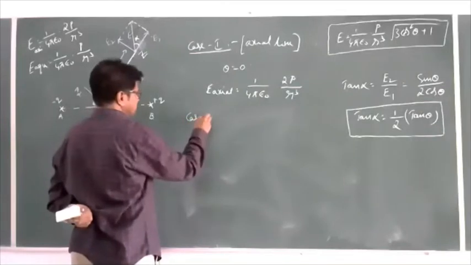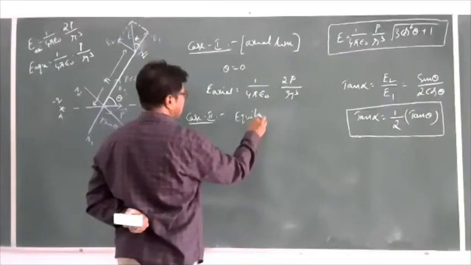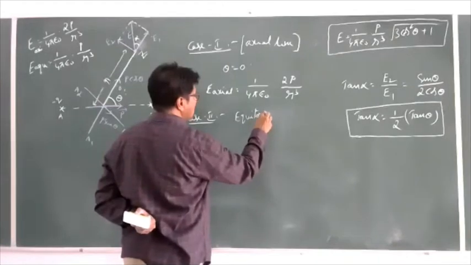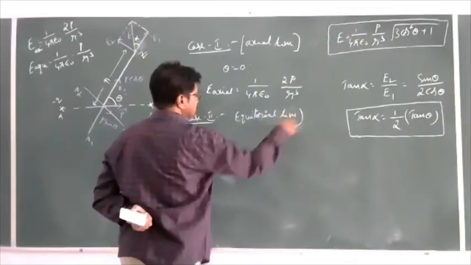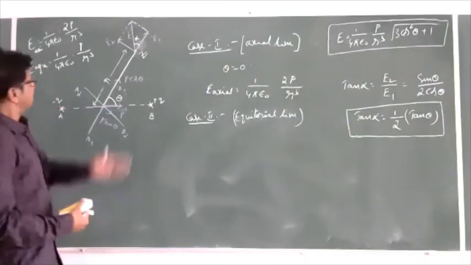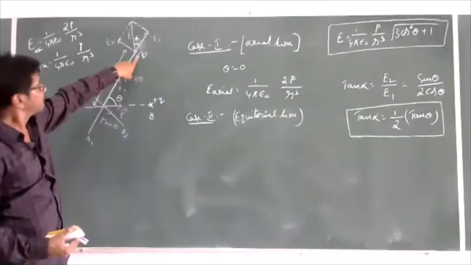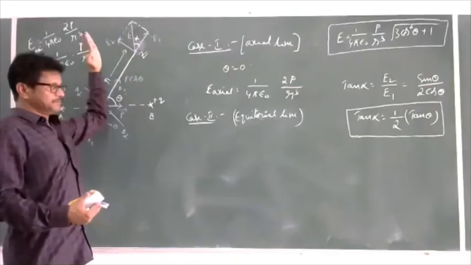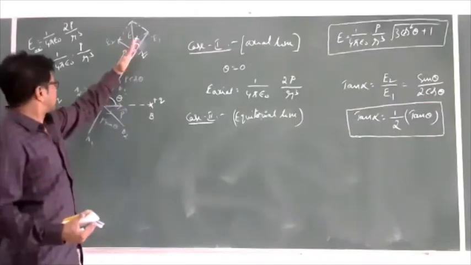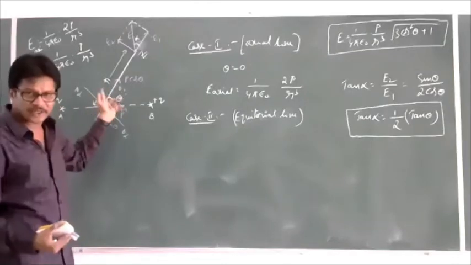Similarly, if I take the point on the equatorial line of the electric dipole AB, what should be the value of theta here?